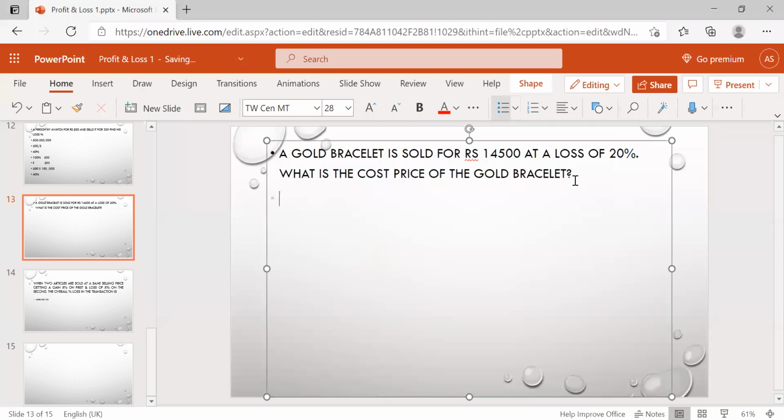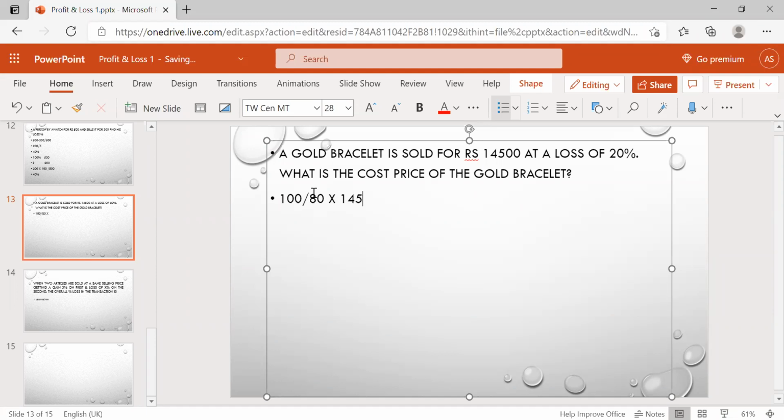First of all, for the formula: 100 by 100 minus loss percentage. What is 100 minus loss percentage? 100 minus 20, it's 80, into selling price.